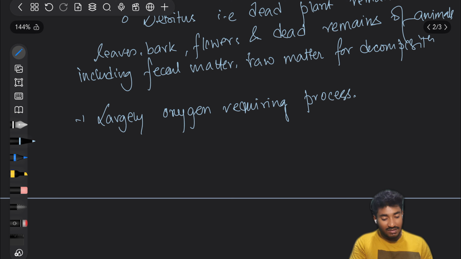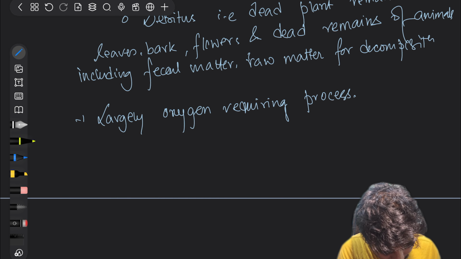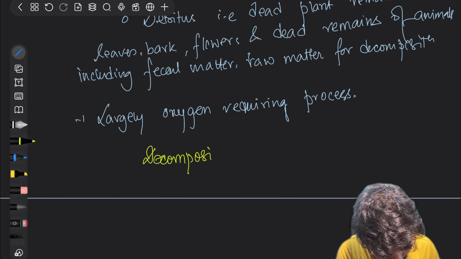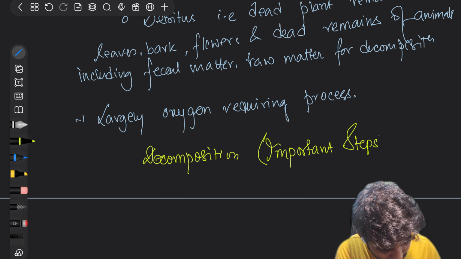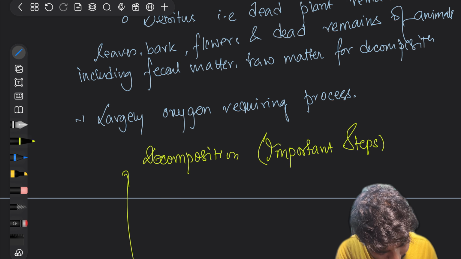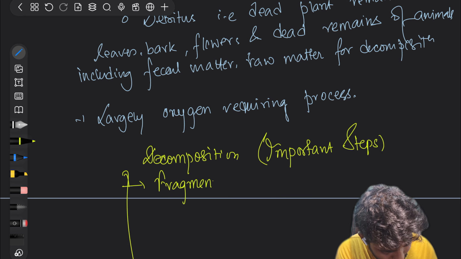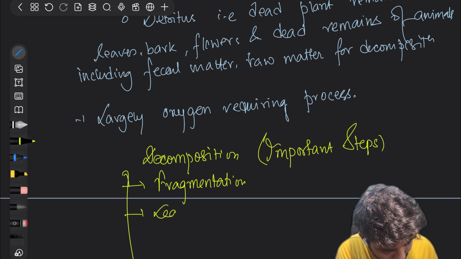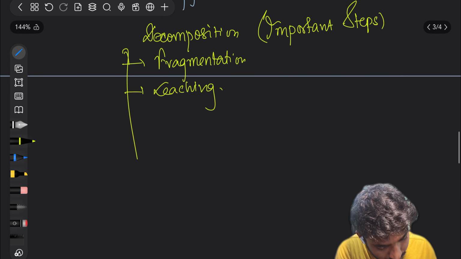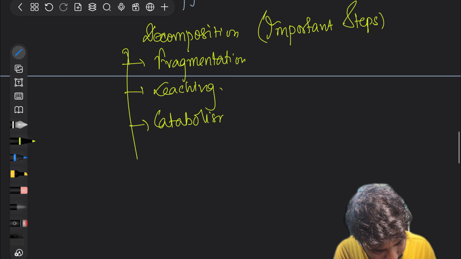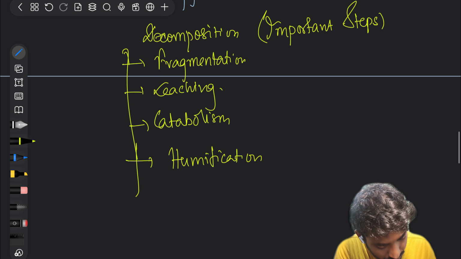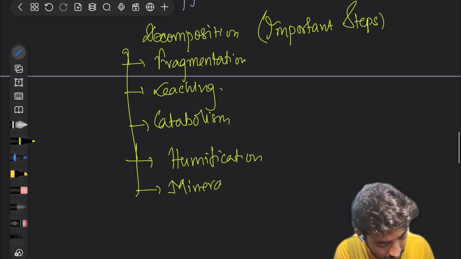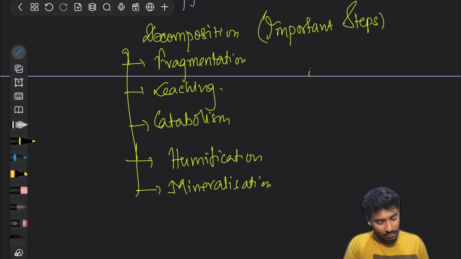Decomposition has several steps. The first is fragmentation, then leaching, catabolism, humification, and mineralization.